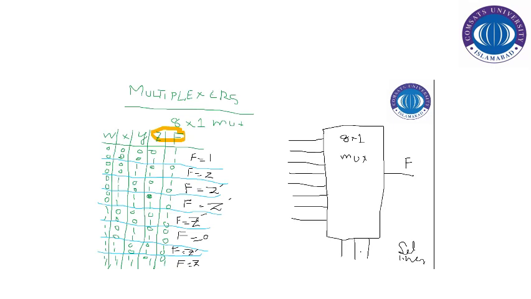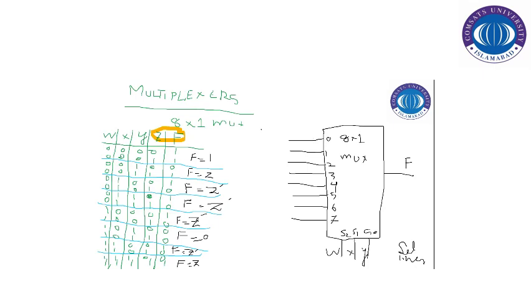We will connect W, X and Y with the select lines, and we have written the value of the selection criteria in decimal here.